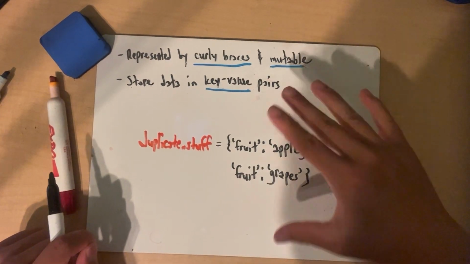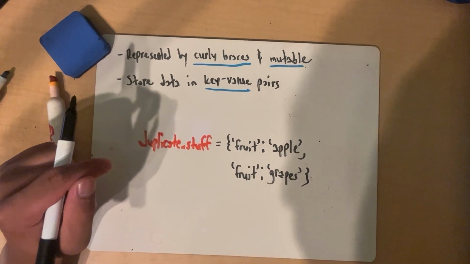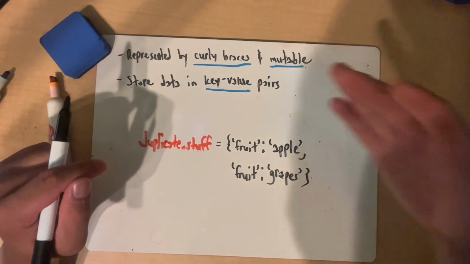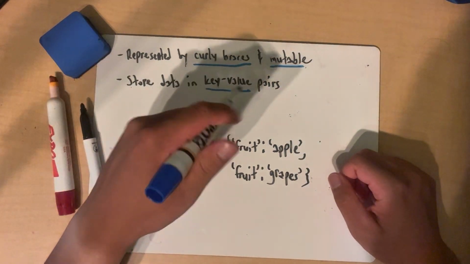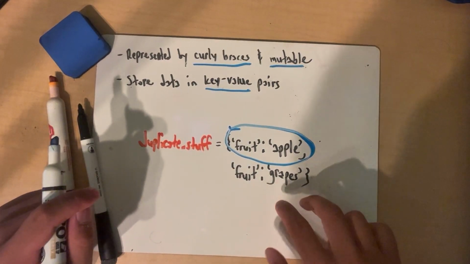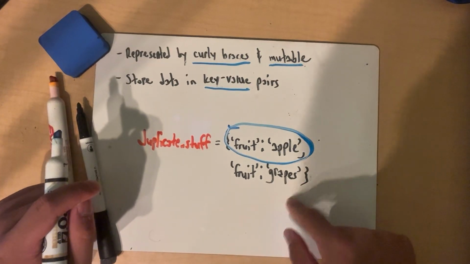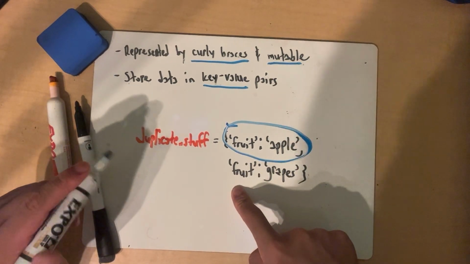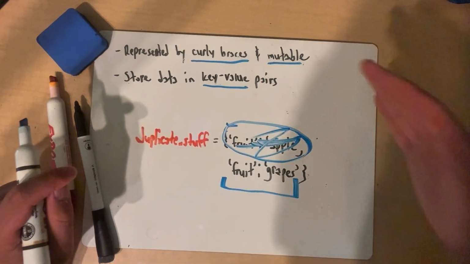And so if this happens, technically we're not going to run into an error, but it's not very ideal because this fruit and apple key value pair is not going to get displayed because grapes is the latest value that's assigned to the key called fruit. So basically this whole thing is going to be ignored, and this thing is only going to be treated as part of the dictionary.